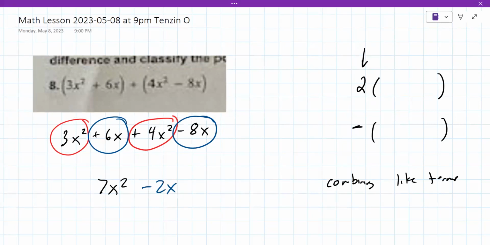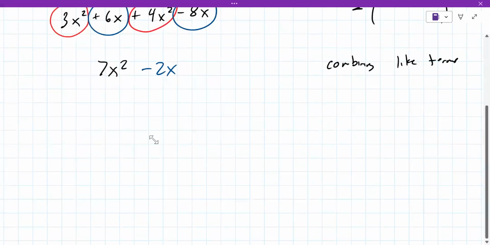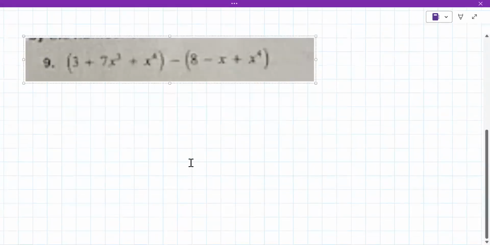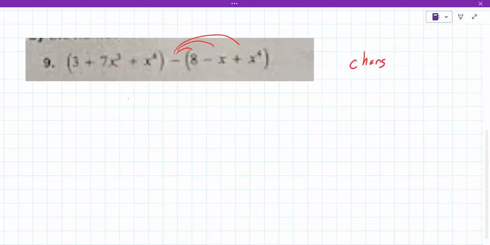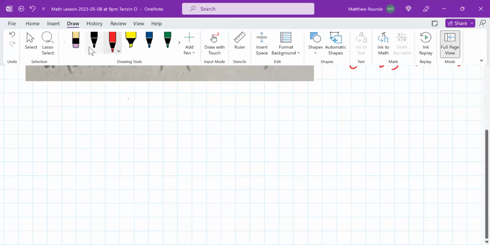Really good. All right. Now 9 is the more likely problem that you will have on a test or quiz, because there is subtraction in between the two of them. So this subtraction gets distributed to every single thing on the right. You can think of it as changing the signs. Here's what I mean by that.